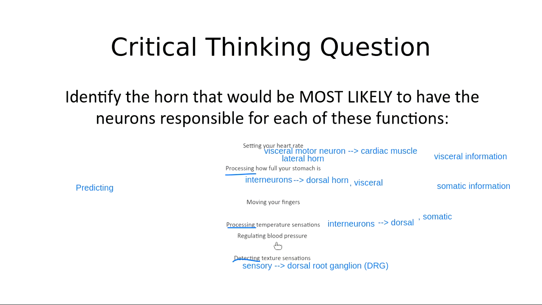Yes, several of us are chiming in. Your blood pressure comes from how contracted your smooth muscles are. Smooth muscles set blood pressure. So my type of motor neuron that controls the smooth muscles is the same kind of motor neuron that controls cardiac muscle. Again, we have visceral motor neurons.